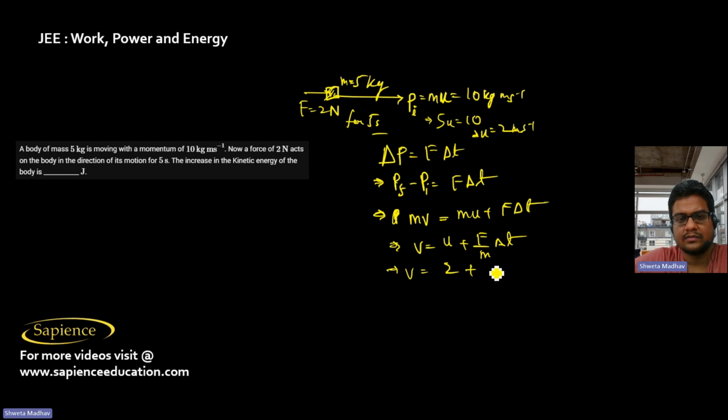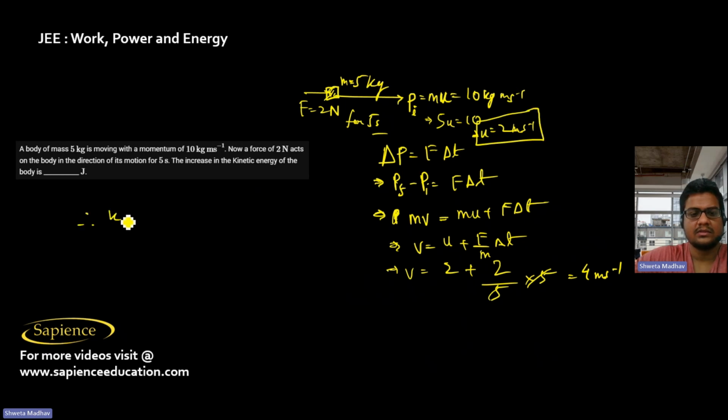So V is 2 plus F by M into delta T, F is equal to 2 Newton, M is 5 kg, and the force is acting for 5 seconds. That means 2 plus 2, that is 4 meter per second. So the final velocity is 4 meter per second and the initial velocity is 2 meter per second.